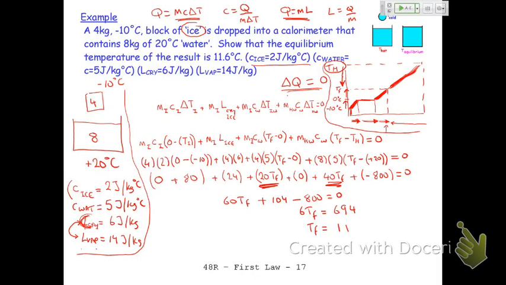I've got a problem somewhere. Oh, 60 TF. Yeah, that's right. 696. I didn't have my breakfast this morning. T hot is 20, not 8. Why is the T hot 20? Look at your diagram. Yep. So 6 degrees C. Cool.